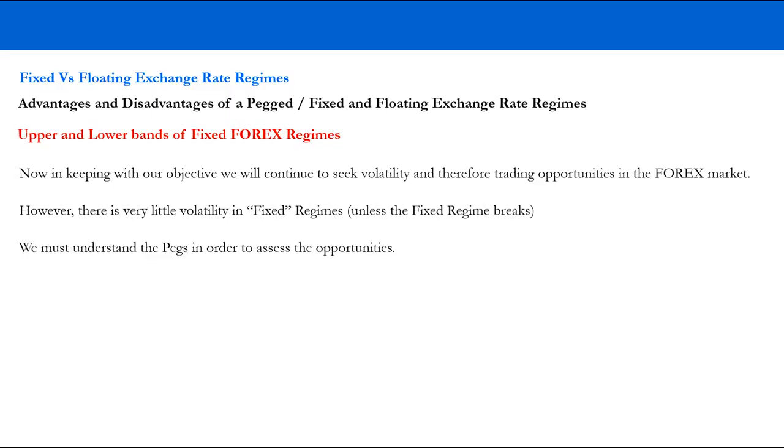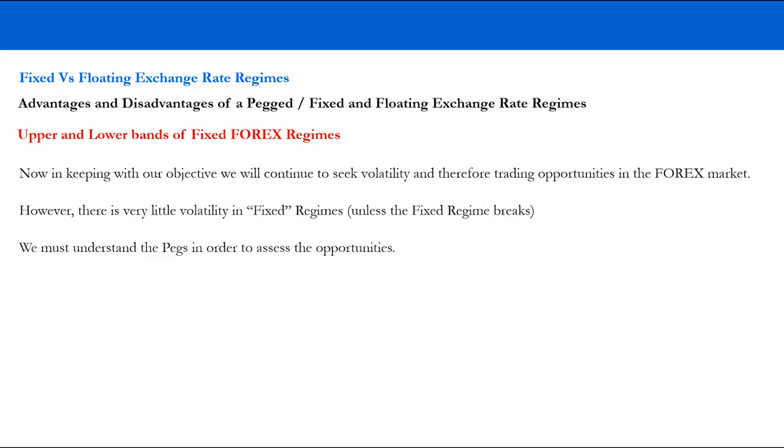But what we've got to do in order to continue to build out our opportunity set is understand further how the pegs actually work in practice. And this is also by default going to increase our macroeconomic knowledge. So if we ever see these things in the future where a fixed regime or peg breaks away, then we know potentially that volatility is going to occur, and we know how to deal with the situation.